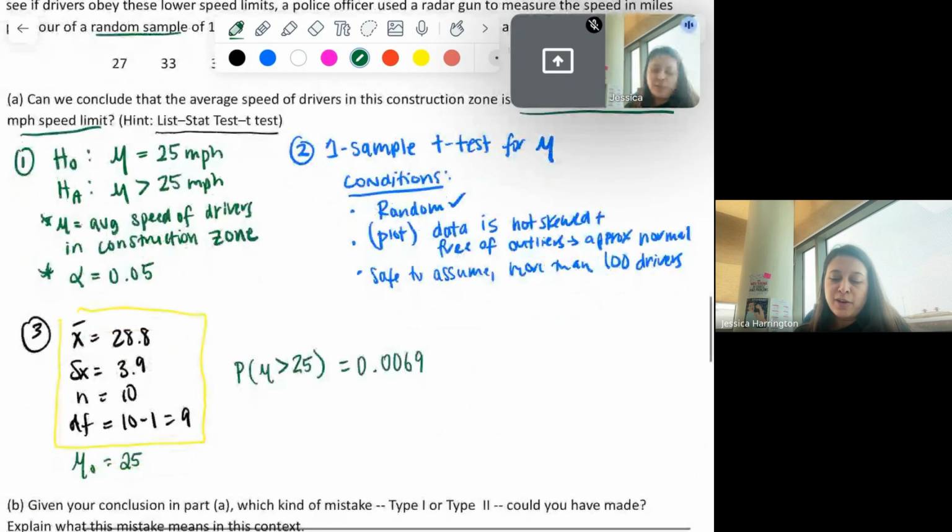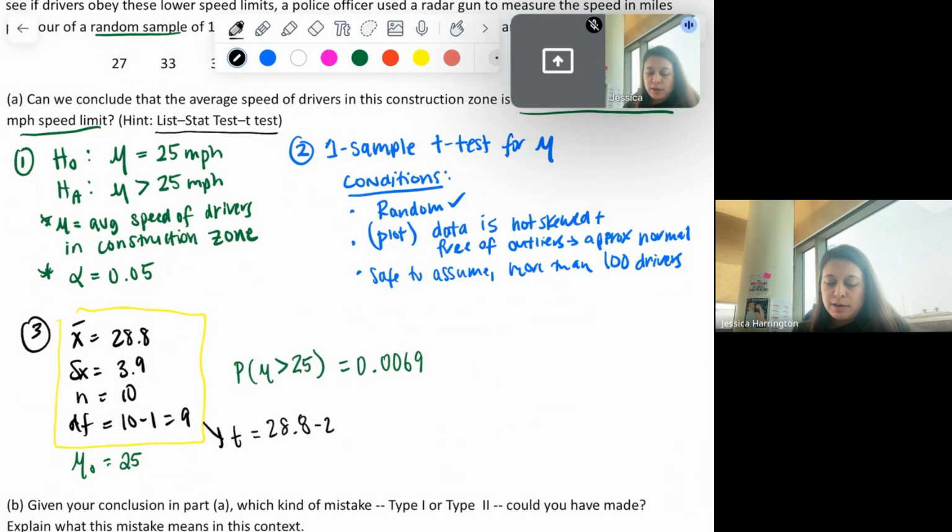Okay, so now we have this, right? Another thing you can do, so I'm just going to write this here. You can also, if you want, from this point find your test statistic, right? You can do this: 28.8 minus 25 over, what is it, 3.9 divided by root 10, and you get 3.05.